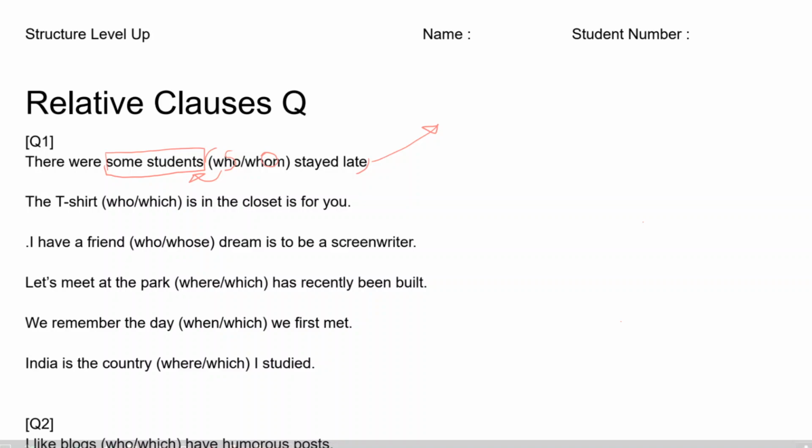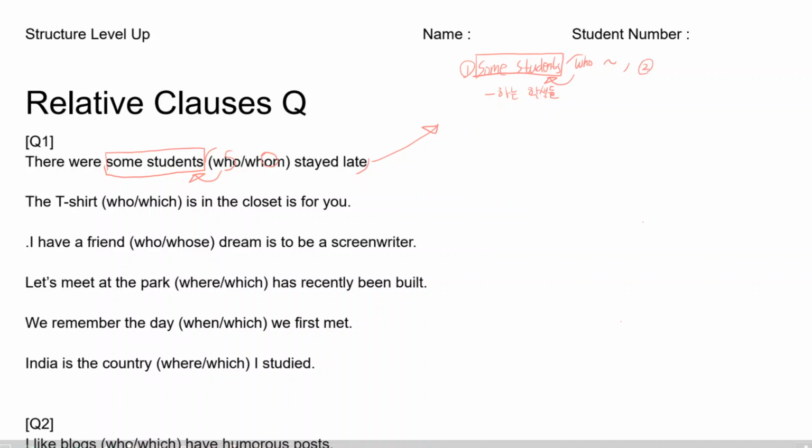Okay, so if a sentence starts with some students who, as we did it earlier, it's always like this, and we all know that 뭐뭐 하는 학생들 is the translation.